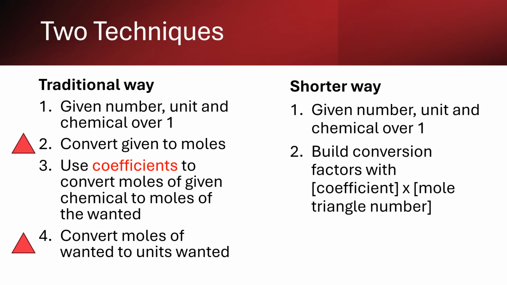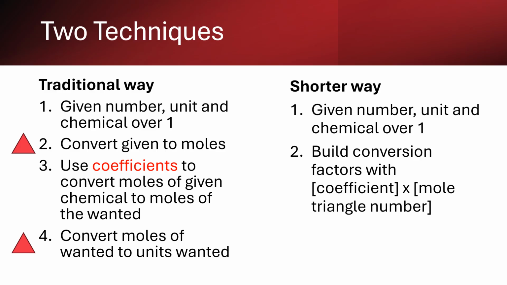That's going to be a mole triangle conversion. That's why I put the little triangle by number 2. The third conversion factor we're going to write is going to be based off of the coefficients in moles. And the fourth conversion factor is where we're going to convert moles of the chemical we just found to the units that were wanted for that chemical.